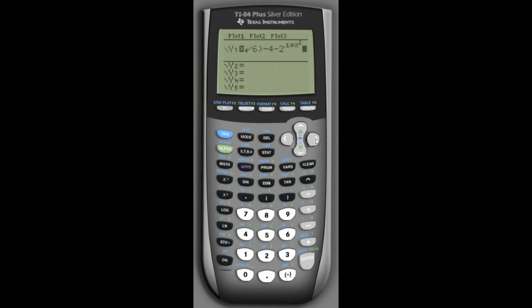So this is our function. Let's check what window we have. The window is between 0 and 8, as we needed. Let's see what the graph shows us.